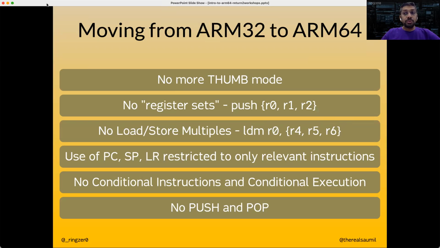Now in ARM32, you could switch between thumb mode and ARM mode at will at any time in the process. In 64-bit space, you can't switch between 32 bits and 64 bits as you like. It does not work that way. Your process can either run entirely in 32-bit space, or it can run entirely in 64-bit space. There's no interworking, there's no switching back and forth.